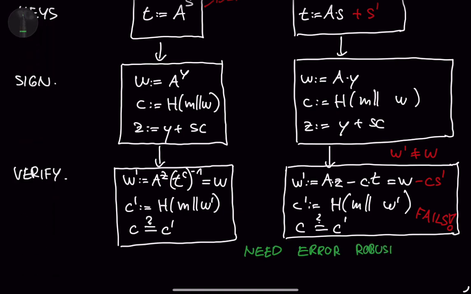Robustness. Meaning we need a kind of function so that F(w) is the same as F(w'), so that this small noise, c times s', is somehow removed.